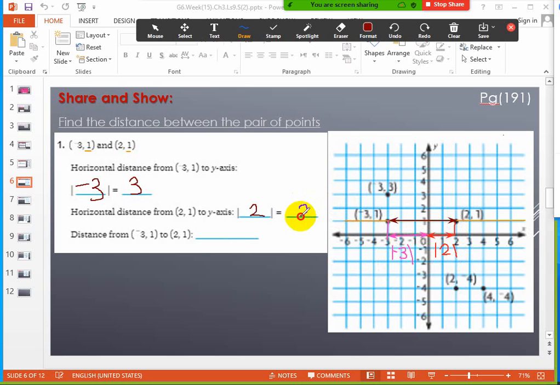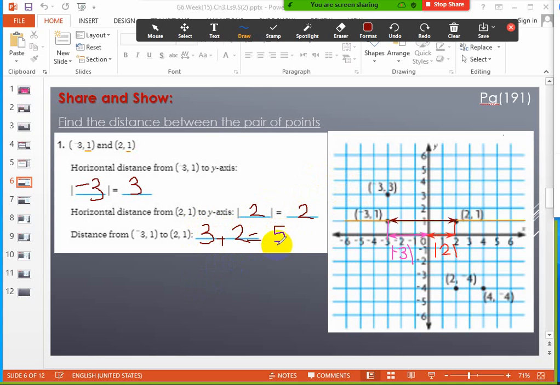To find the distance between those 2 points, I have to add 3 and 2. So 3 plus 2 units equals 5.